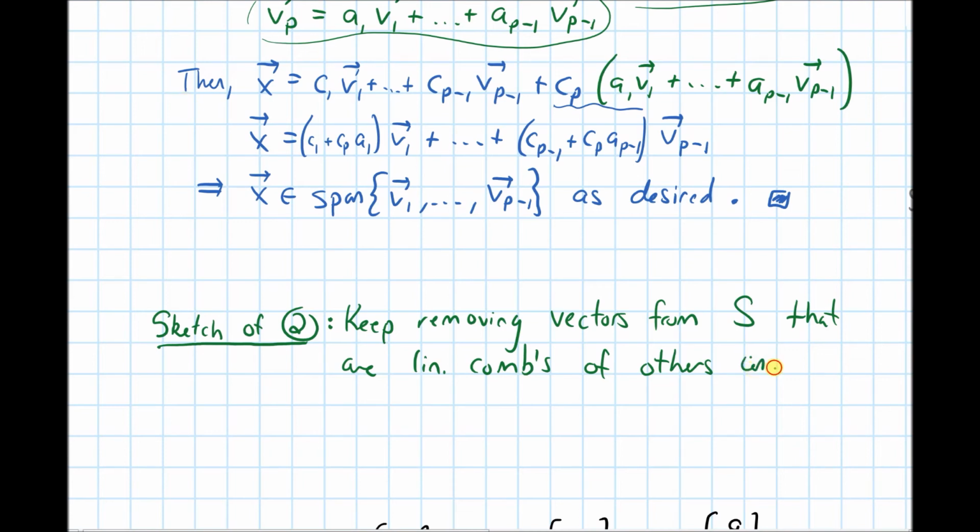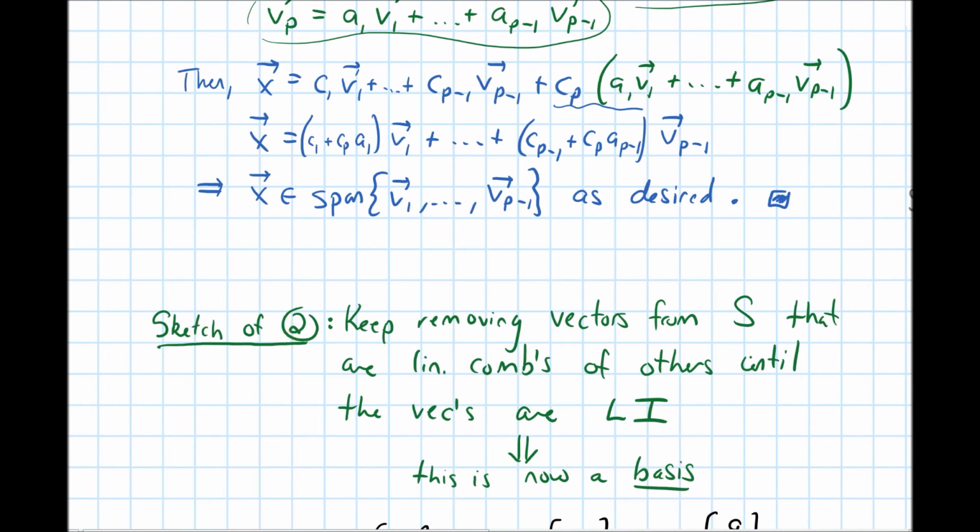So we're going to keep doing this until the vectors that are left are linearly independent. And once they're linearly independent, remember that the span hasn't changed, because that's what part 1 says. So at this point, they're linearly independent, and they still span our subspace, which means this is now a basis. And that's the sketch of the argument for part 2.